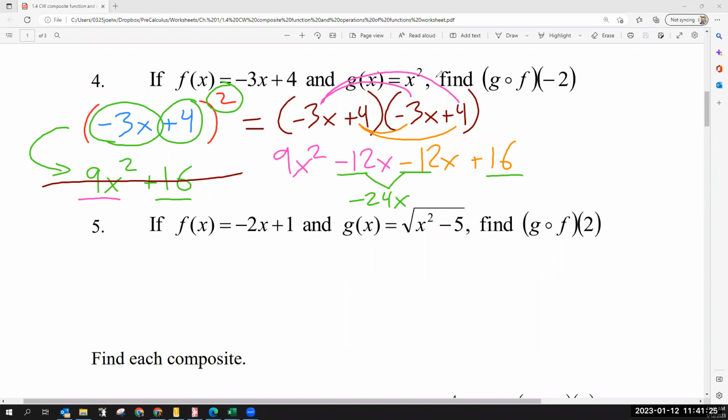Now, I could have done that. And so my final answer here was 9x squared minus 24x plus 16.